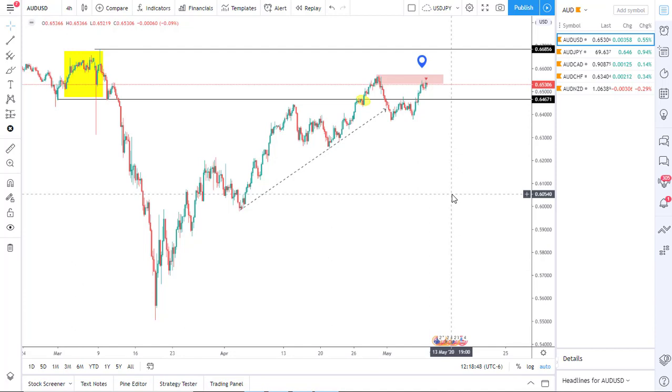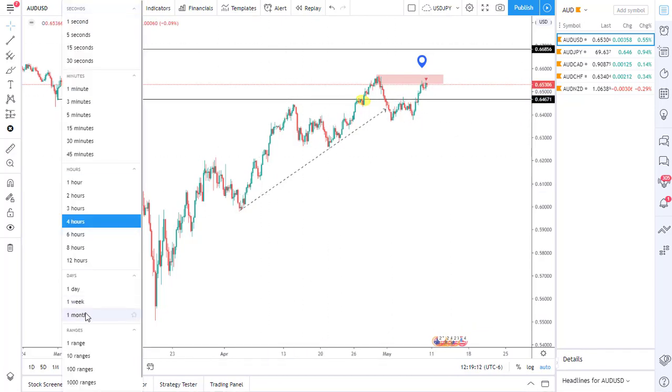Basically, it's the same thing as Kiwis. Kiwis and Aussies move very similar. If one is dropping, then the other one starts dropping like one week after. They move in a similar way, so I'm expecting pretty much the same movement on the Aussie pairs.